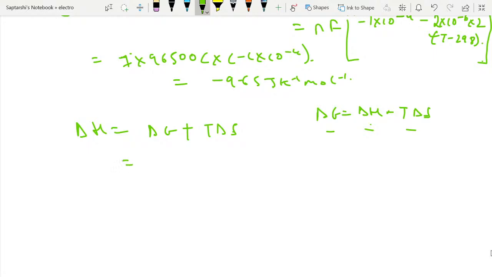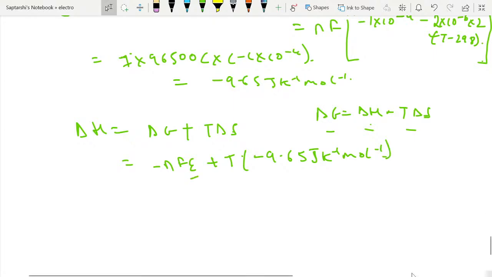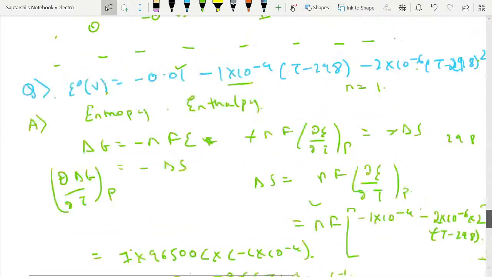and del G will be minus nFE, and T del S, where we know the del S value is this, and the E value. So we have the whole E equation over here.